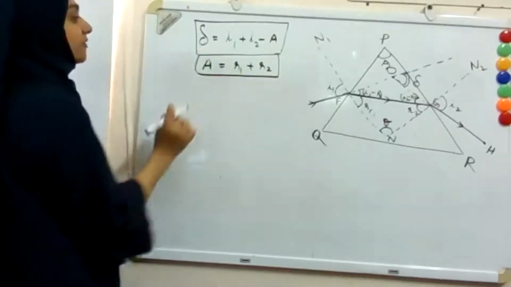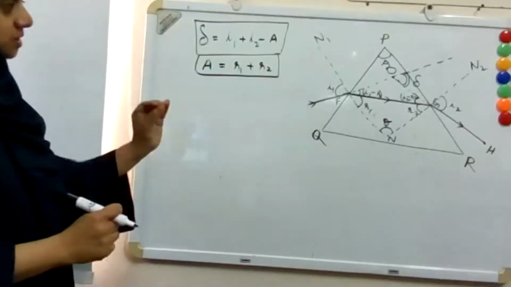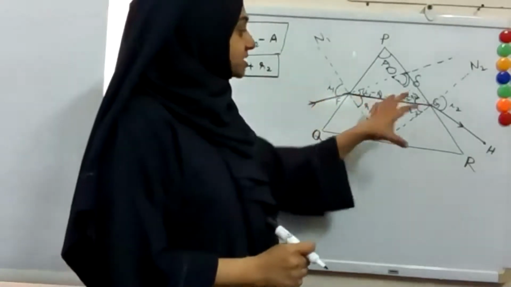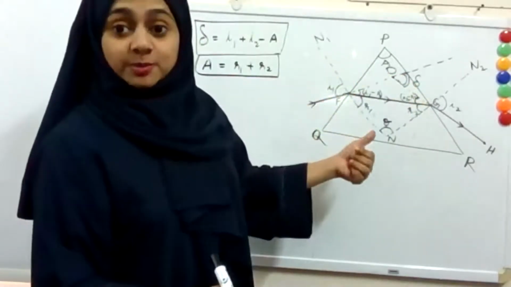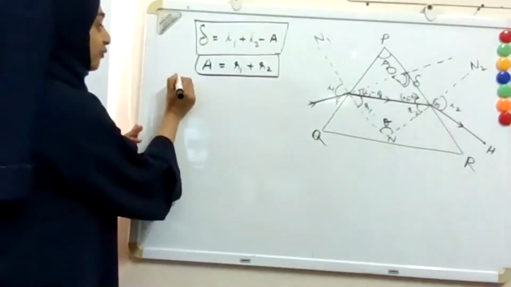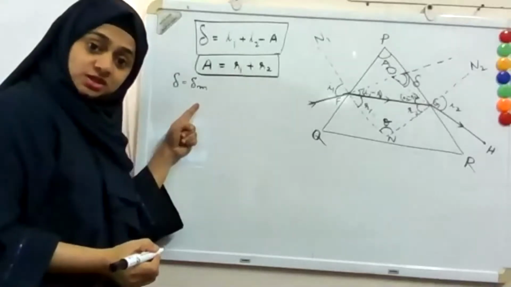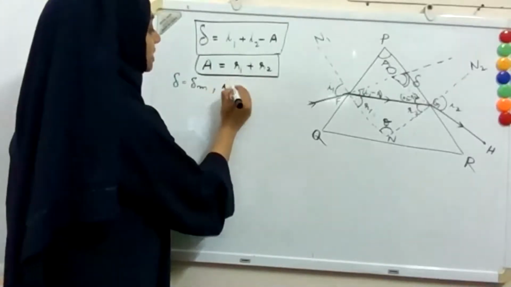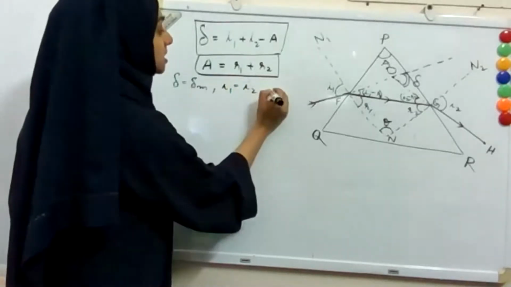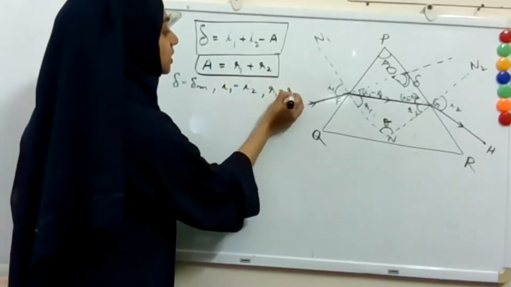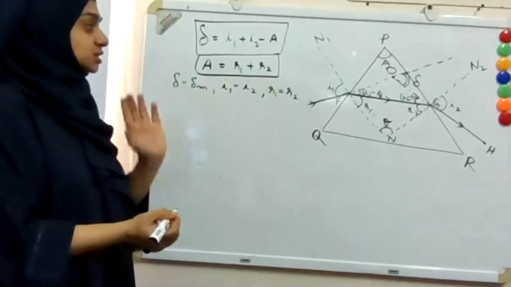Now we have to prove another equation which you will have to memorize, which is a relation between the refractive index of the material of the prism and the angle of minimum deviation. Remember, when delta is equal to delta m, when the deviation is minimum, angle of incidence is equal to angle of emergence, and the two refracting angles will be equal. This is the condition when the deviation is minimum.